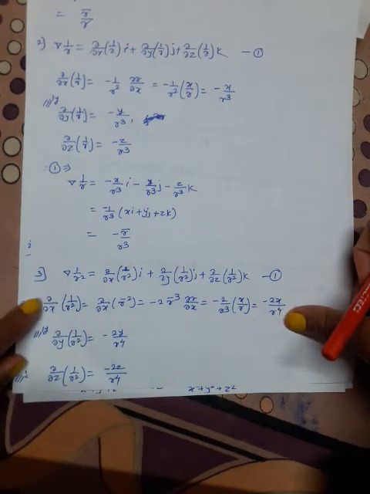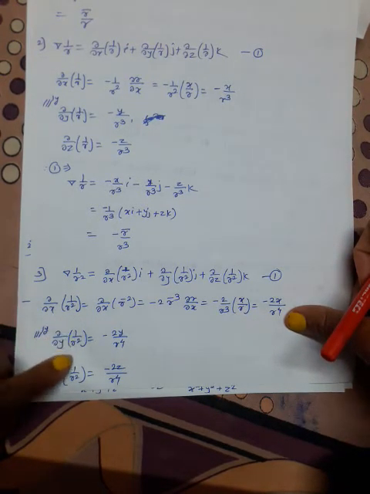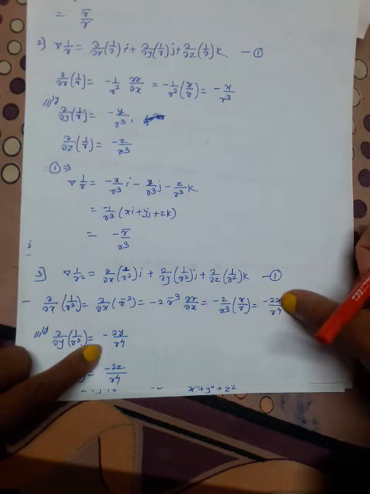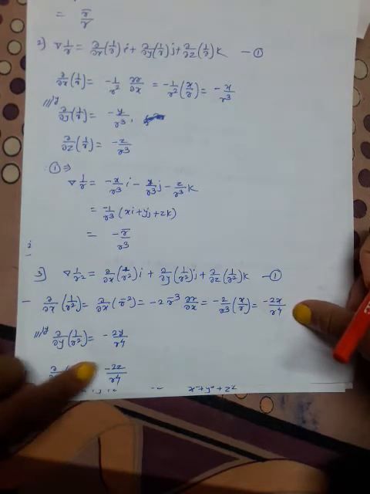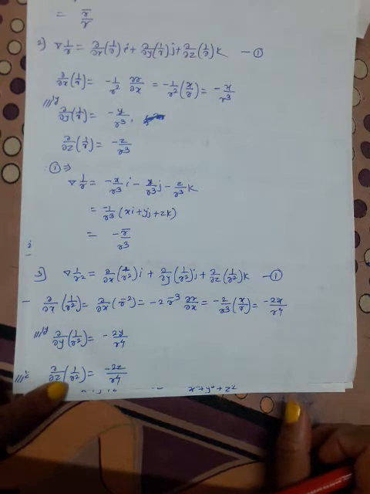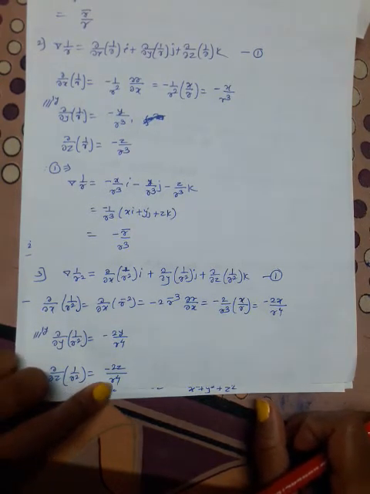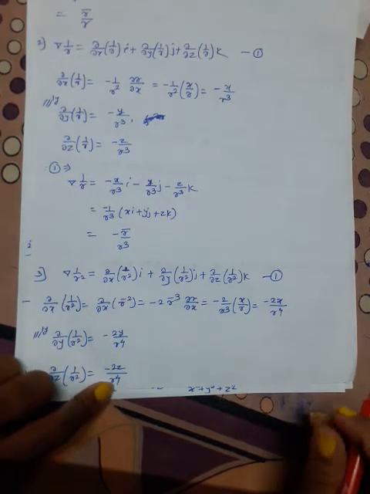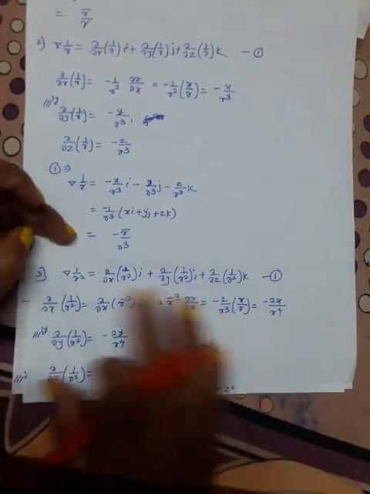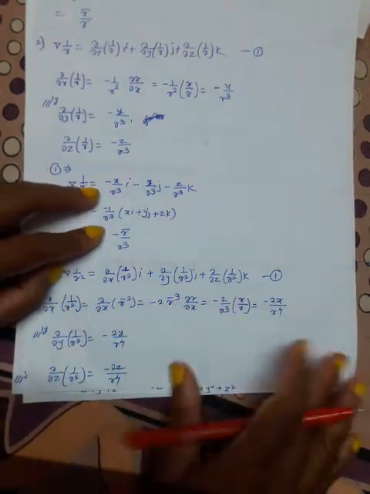Now similarly we can write down ∂/∂y of 1 by r squared is minus, just replace x by y, minus 2y by r raised to 4, and ∂/∂z of 1 by r squared is minus 2z upon r raised to 4. Okay, now put all these values in this first equation.